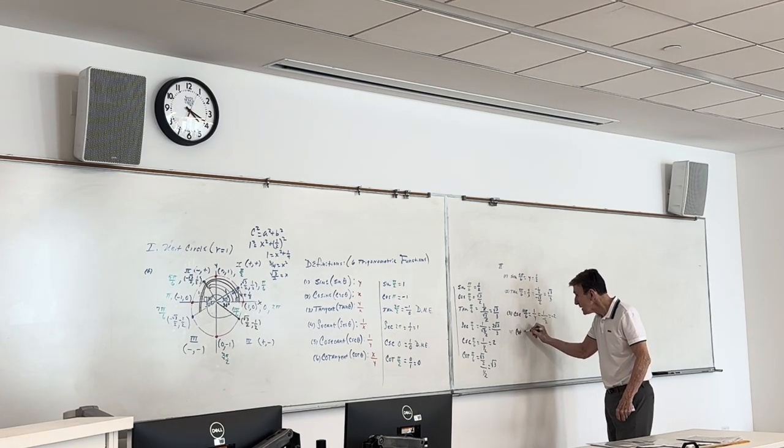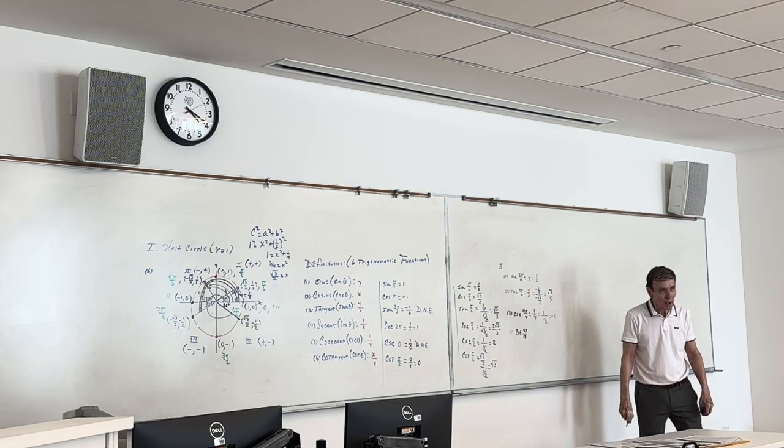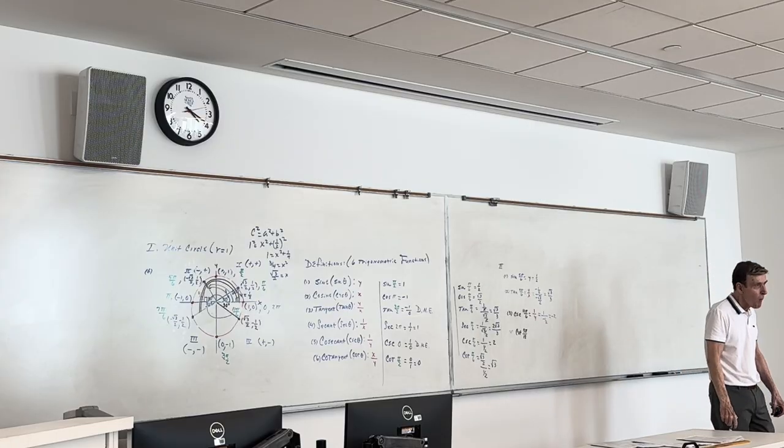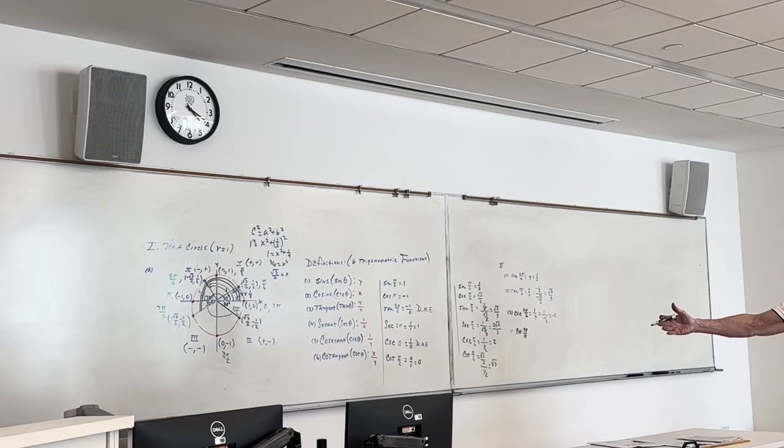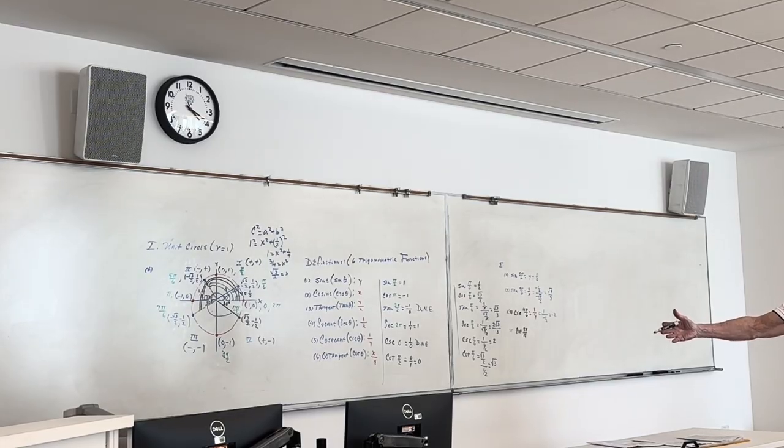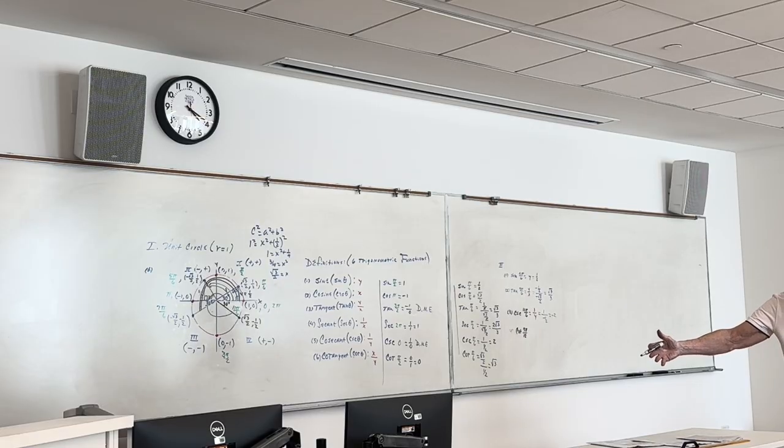You want cotangent of 5π over 12. Have you seen 5π over 12 in this circle? No. You guys who have your handout handy from yesterday, who has their handout handy?